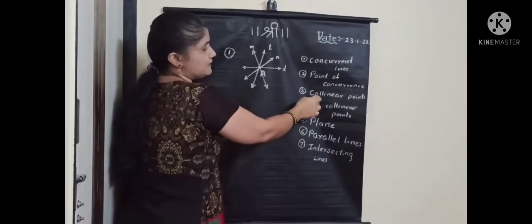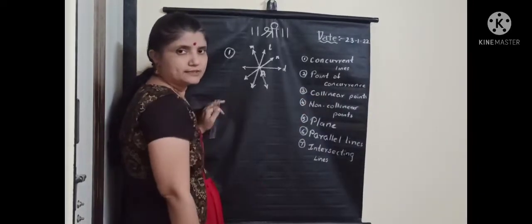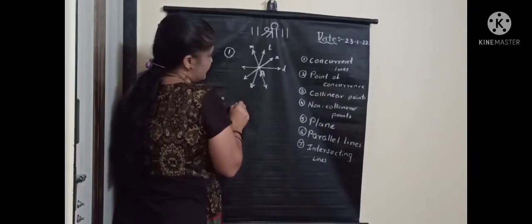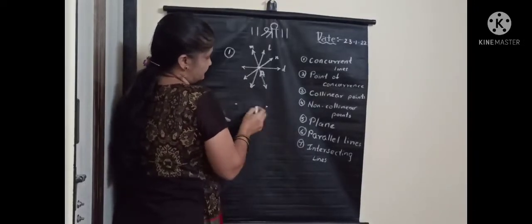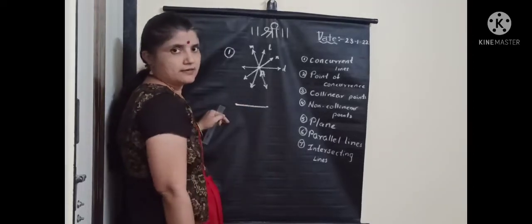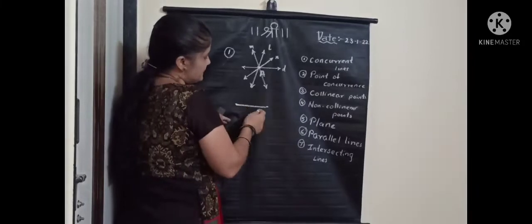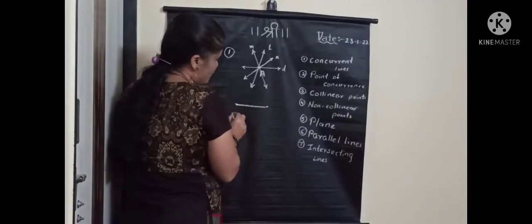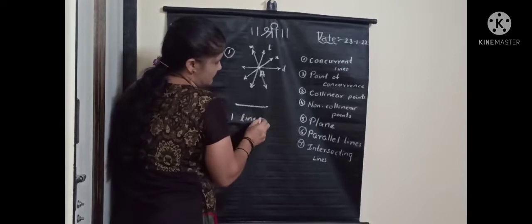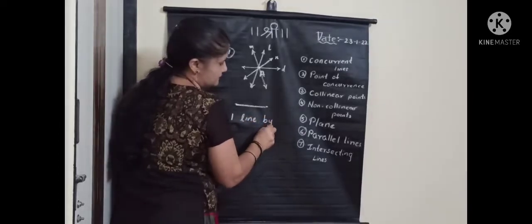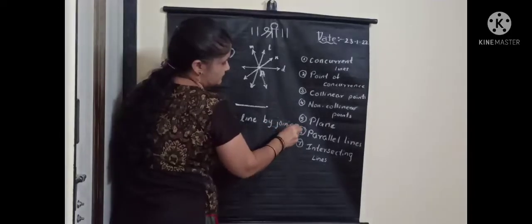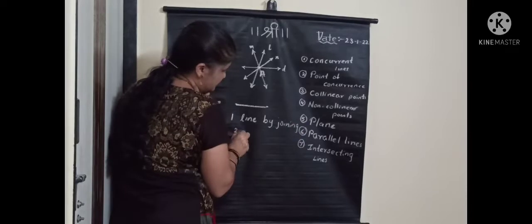Now let us see what is meant by collinear points. Let us see, children, when we draw 2 points, you can draw a line. It means that you can draw one line by joining two distinct points.